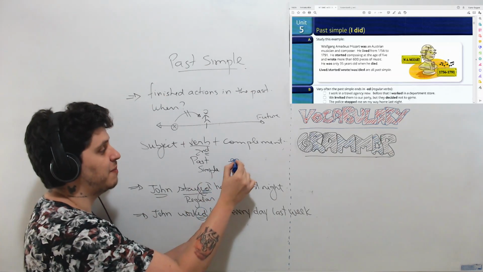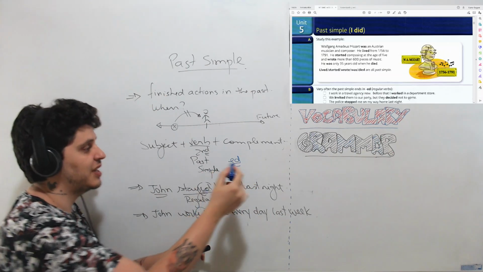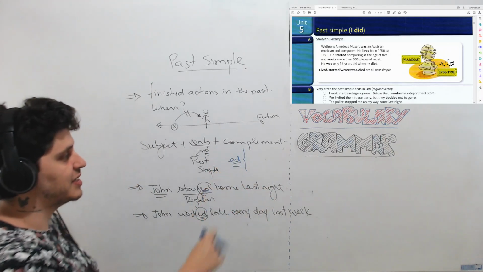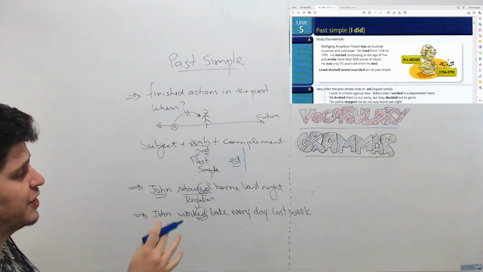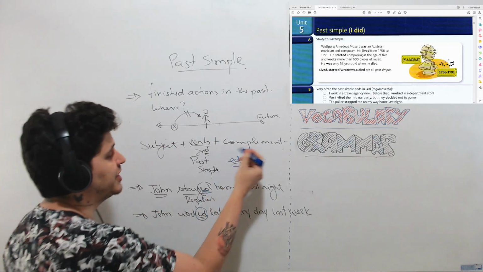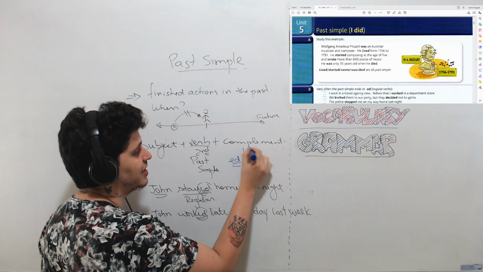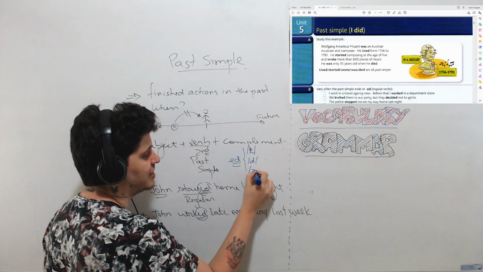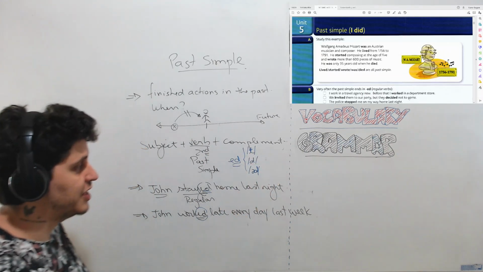These are the three possible pronunciations you can get for ed, referring to this suffix that we add at the end of the verbs to form the past. The pronunciations could be t, d, or ed. These are the three alternatives you've got.